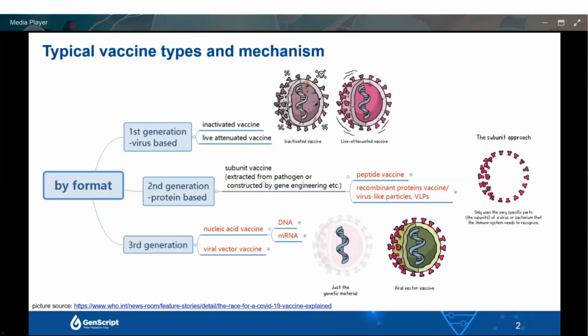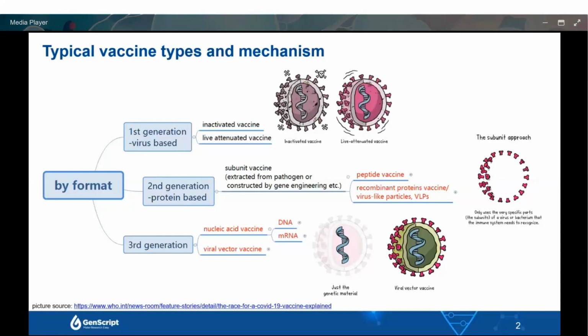By format, the vaccine types can be classified into three generations. The first generation is virus-based. The second generation is protein-based. And the third generation is nucleic acid vaccine and viral vector vaccine.